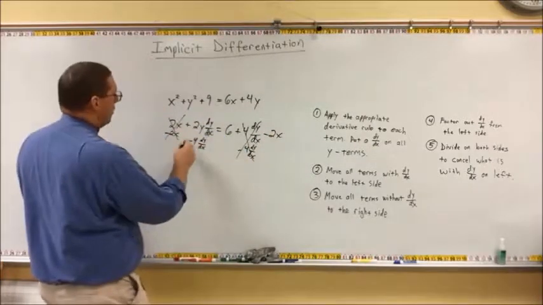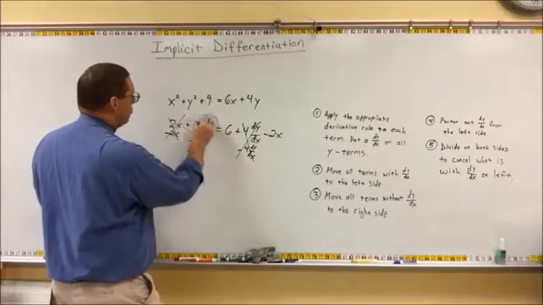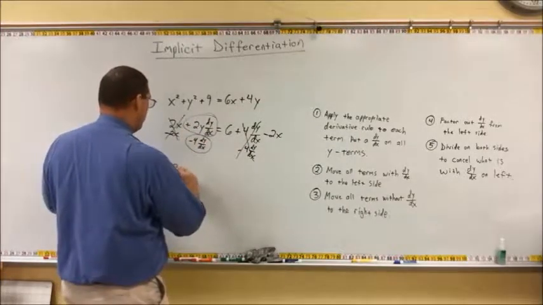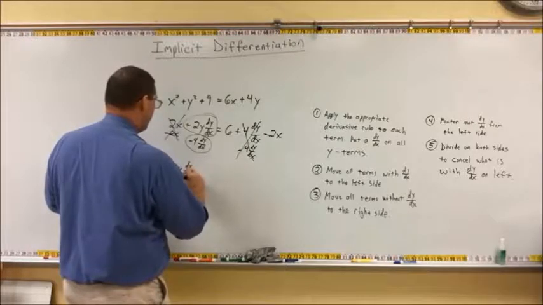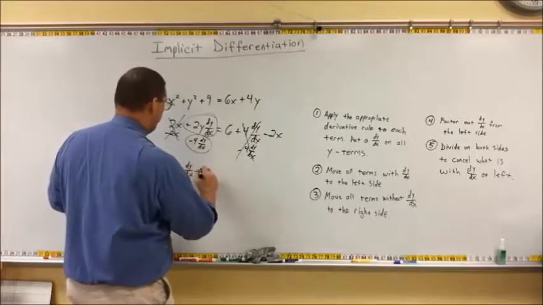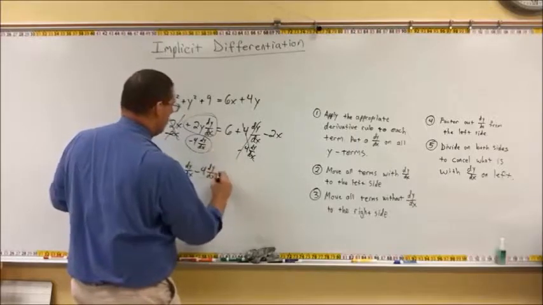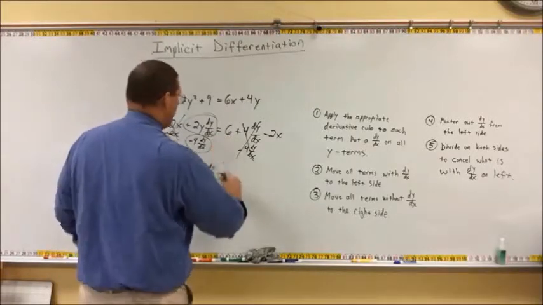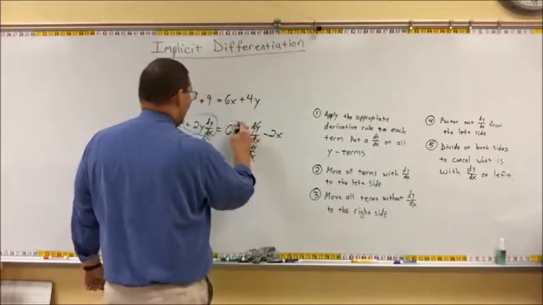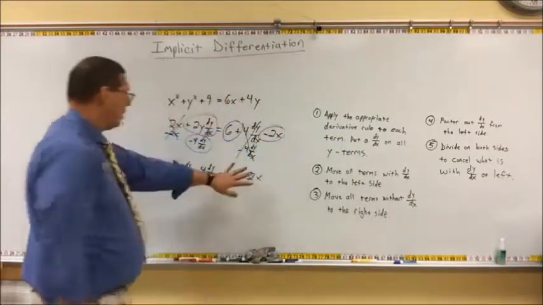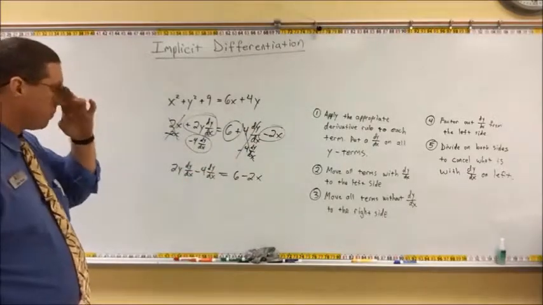And so now on the left side, we have 2y dy/dx minus 4 dy/dx equals, over here we have 6 and we have minus 2x, 6 minus 2x. Okay, that's up to step 3.